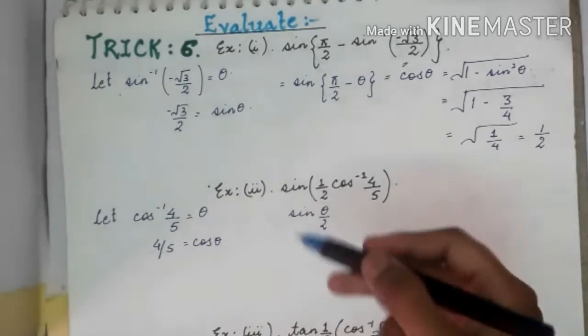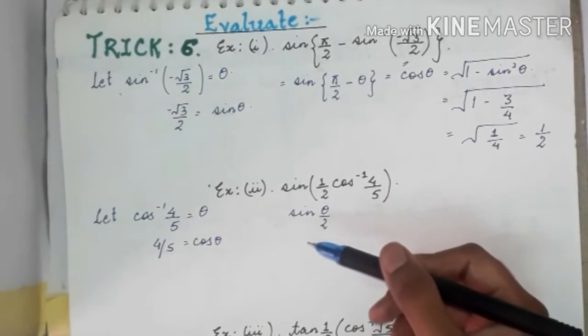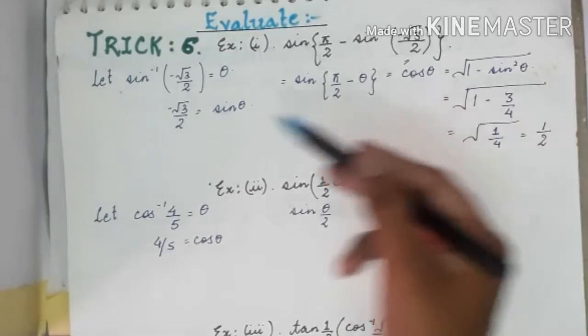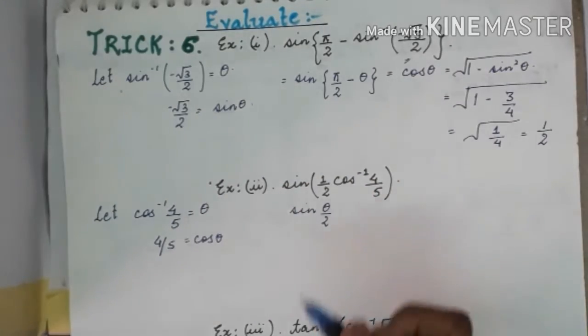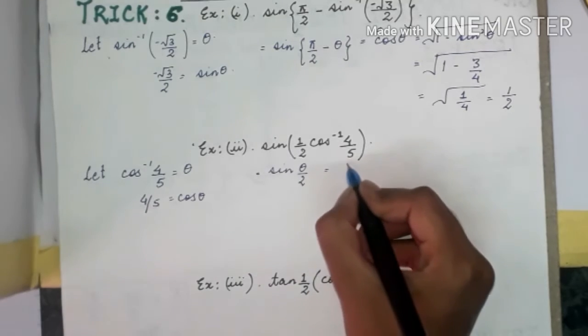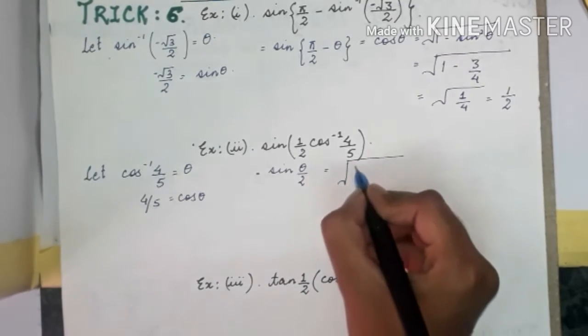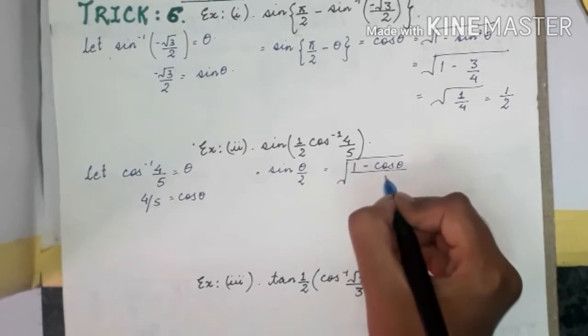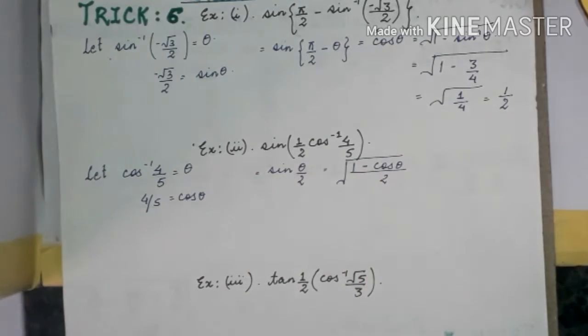See, cos theta is given and you have to find sine theta by 2. The angle has changed; earlier the angle had remained the same. So here the identity that you have to use is very important. It is under root 1 minus cos theta upon 2. You have to memorize it.